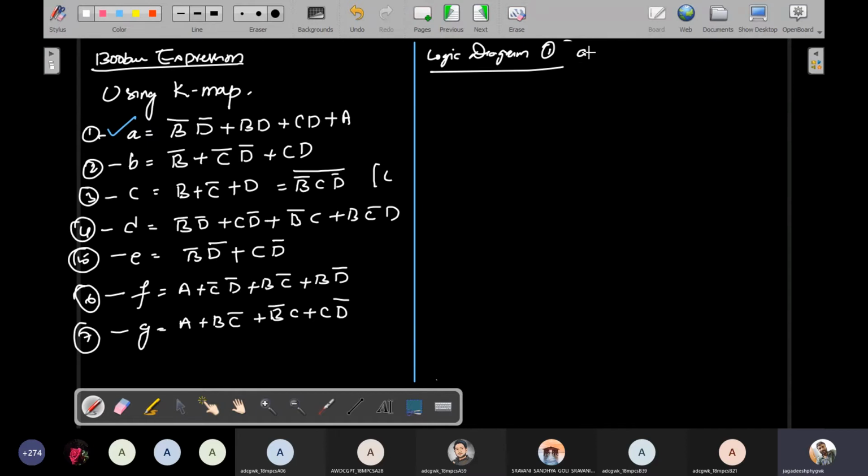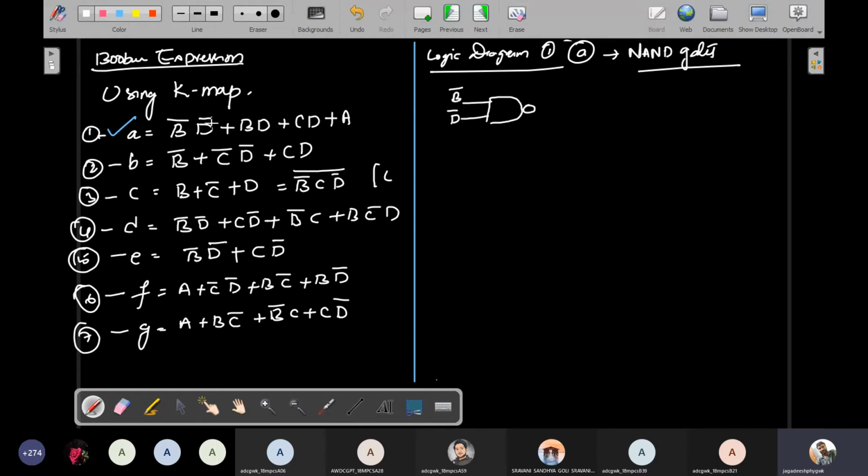For the first output, I draw the logic circuit diagram. I want 3 NAND gates because I am using only NAND realization, NAND gates, to construct this logic diagram. So this is the first NAND gate. The first NAND gate's output is B bar D bar.